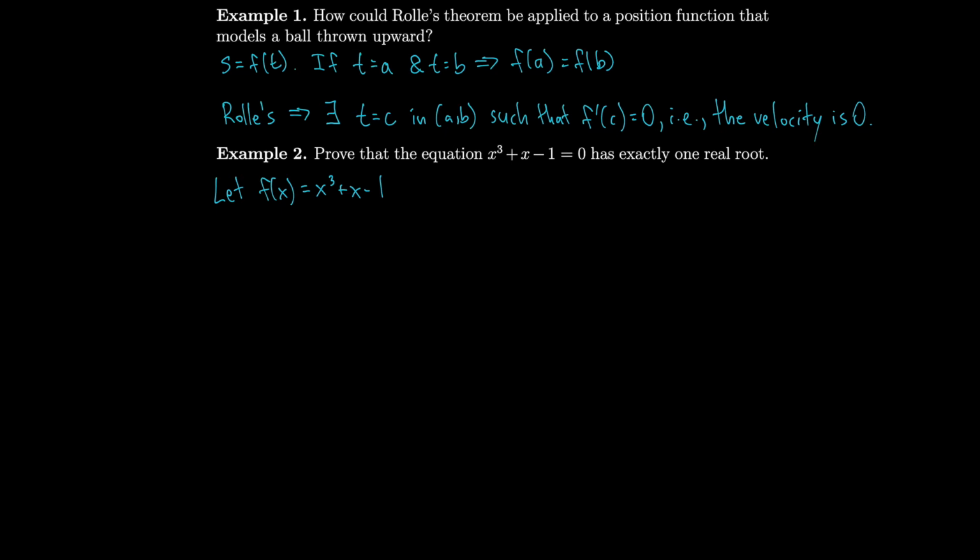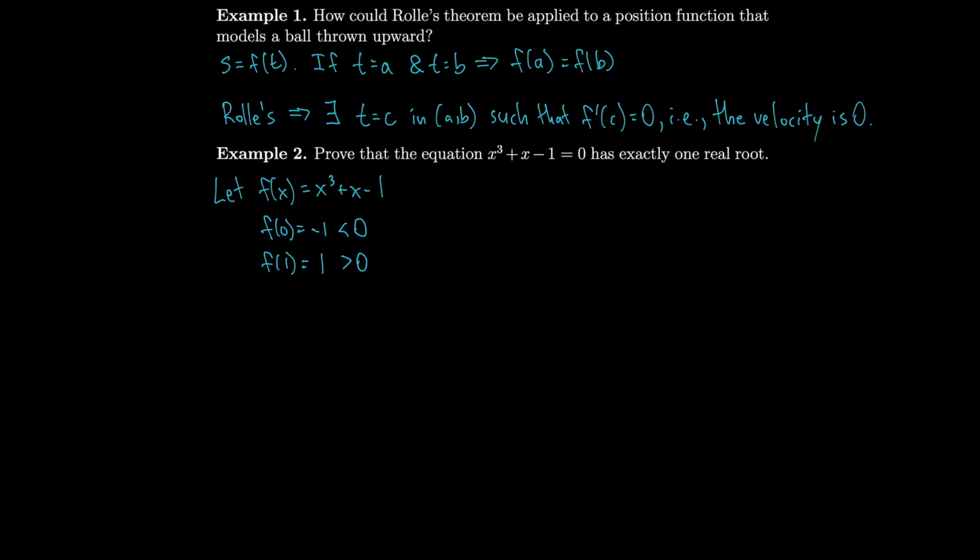Notice by inspection, if I plug in 0 for the x's, then I get minus 1. So f of 0 is minus 1, below 0. And if I plug in 1, it's another easy number to plug in, then I get 1 plus 1 minus 1 equals 1. So f of 1 is 1, which is above 0.